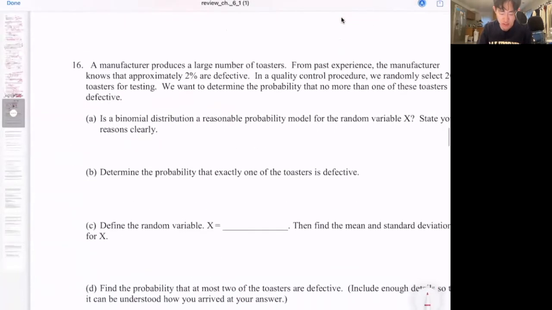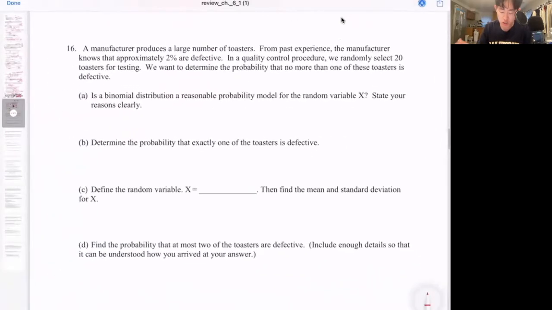All right, number 16. A manufacturer produces a large number of toasters. Is it a binomial setting? Let's check BINS. Binary, we have 20 trials, same probability of defectiveness, independence. Can we assume each toaster is independent from one another?